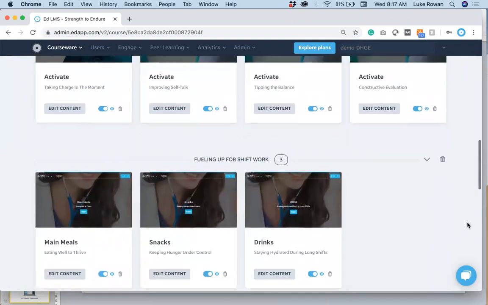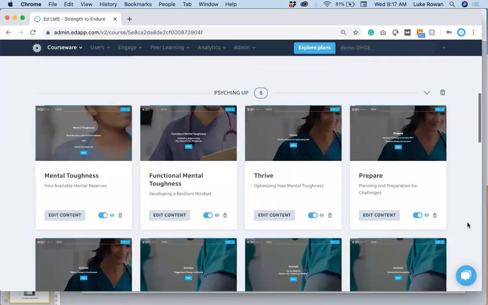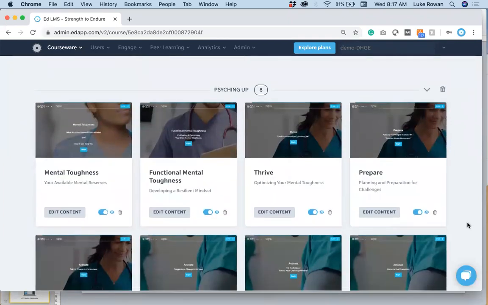The idea here was to help healthcare providers understand that they have a reservoir of mental toughness, and that there are practical, relatively straightforward exercises that they can do to both increase their immediate mental toughness and also to maintain the mental capacity that they're required to tap into.